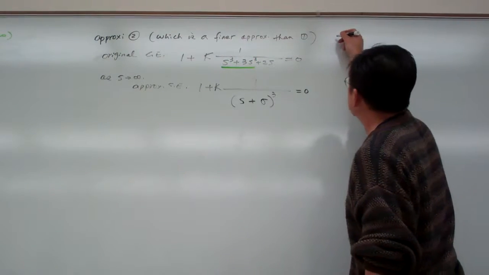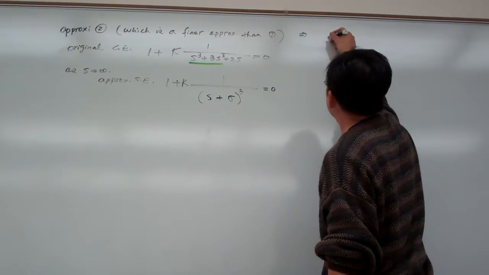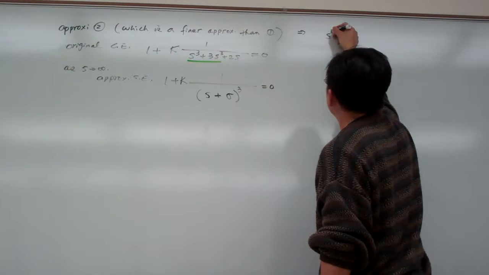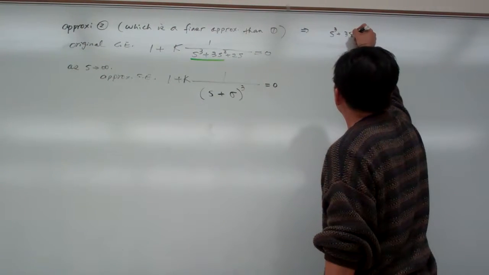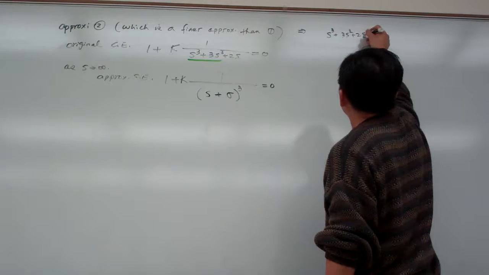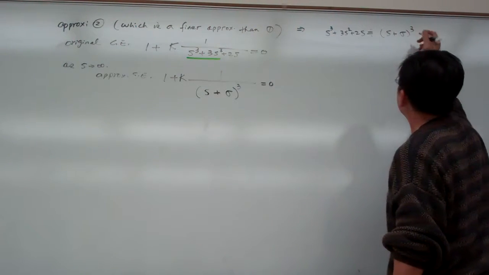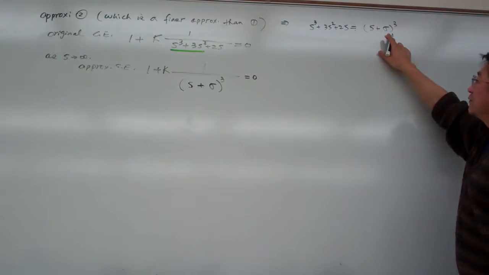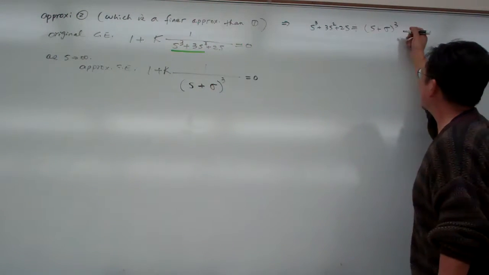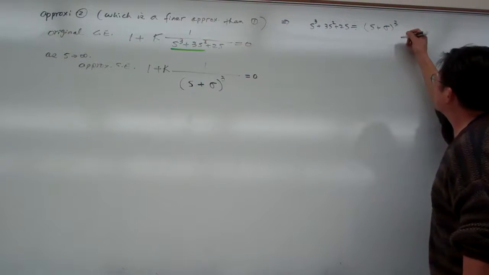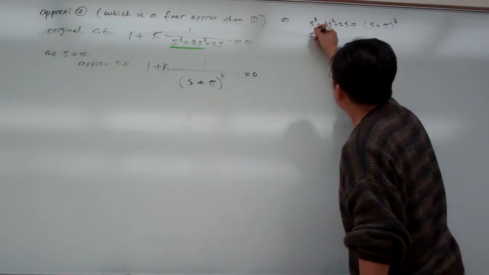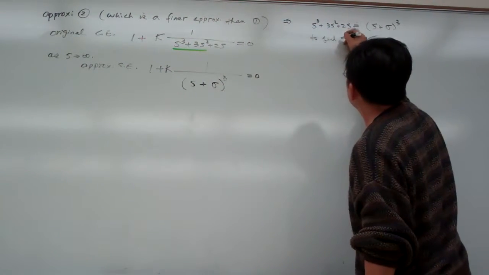So basically in this approximation we're simply looking for this. The original we simply approximate into this one. For this case, if we expand it, we compare to find sigma.